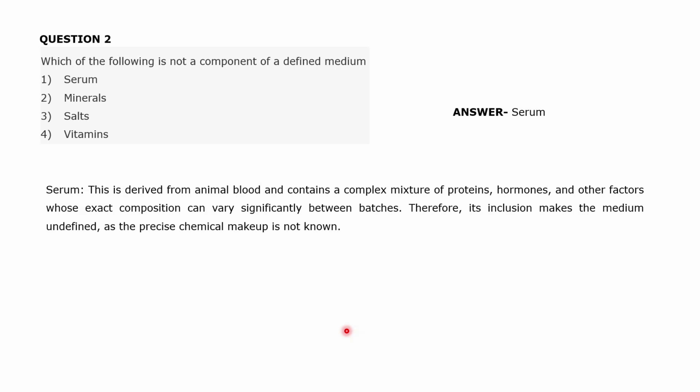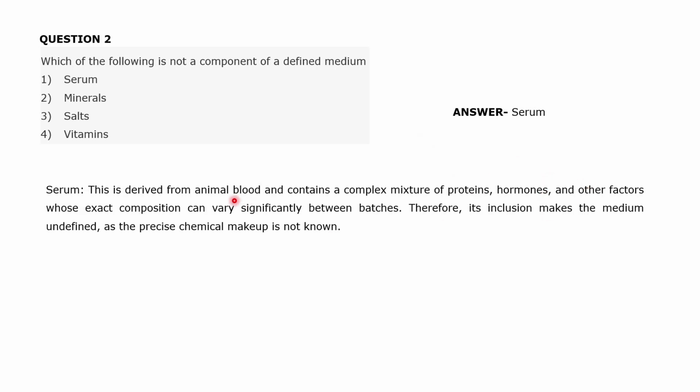If you look at serum, basically it is obtained from animal blood, right? It's an animal source, so it depends on the body physiology of that animal or organism that we are obtaining it from. So it is not always constant, it will always change, and it consists of several components like proteins, like albumin, hormones and growth factors.